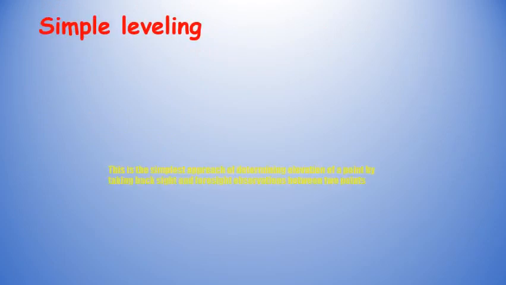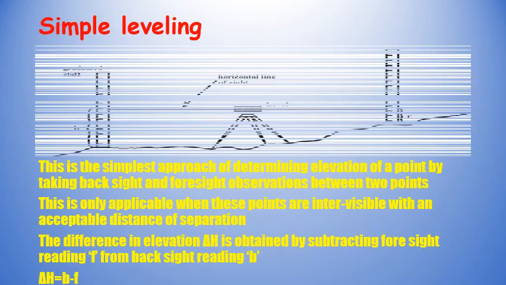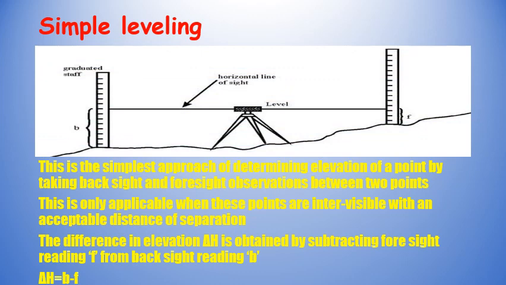Now let's start with simple leveling. Let us take this example here. If you have two points, let me say point 1 and point 2, and we want to know the difference in elevation between point 1 and point 2, we have to make sure that for this approach, the two points are intervisible, and they are near each other.